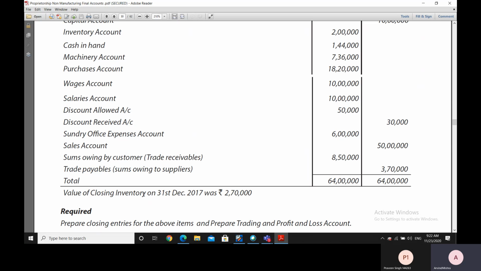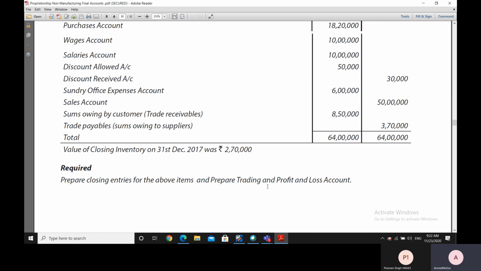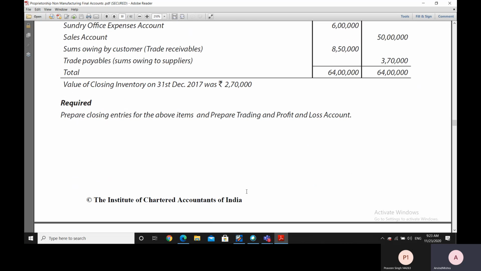And we have been told that a value of the closing inventory was 2,70,000 rupees. So this is a valuation that is done physically. And finally, we have to make the closing entries or the closing adjustment entries also, and prepare the final trading and profit and loss account.